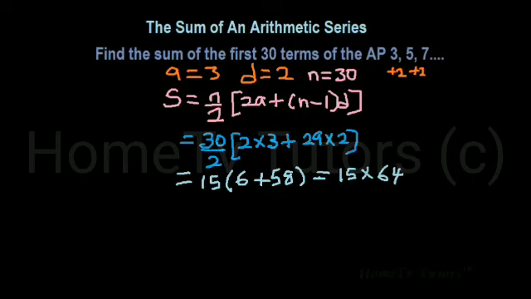Now you can use the calculator to punch this in. 15 times 64 will give us 960. So this is the sum of the first 30 terms of this AP.